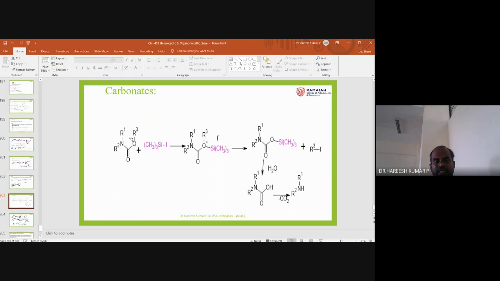So now it's a carbamate. This is the silyl carbamate. On hydrolysis, what will happen? Breakage here, forming a carbamic acid. This carbamic acid on heating loses carbon dioxide. So what is the product obtained? The product obtained is a secondary amine.